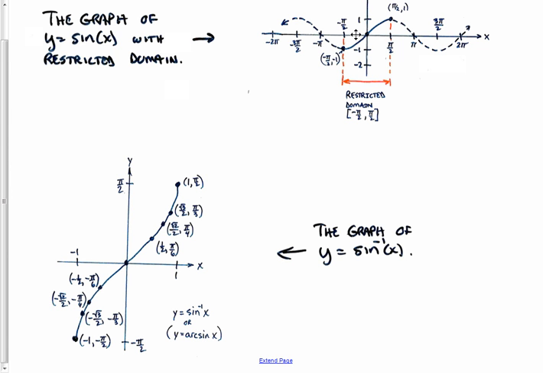And for instance, if we came over here to -π/4, then our sine value, our y value, would be what? -√2/2. Well, notice here, when we go to where -√2/2 is, about right here, then our y value is -π/4, which would be about right here.